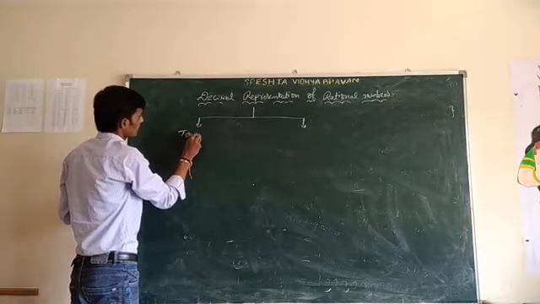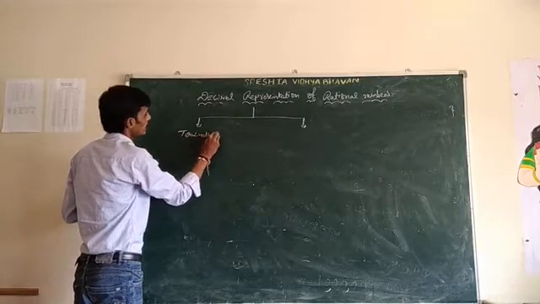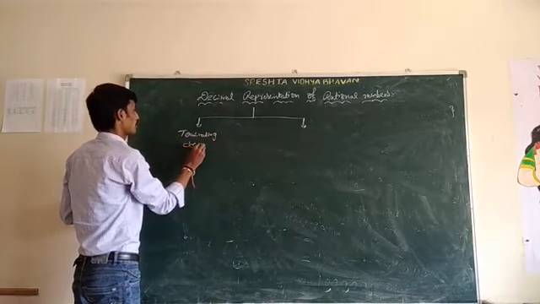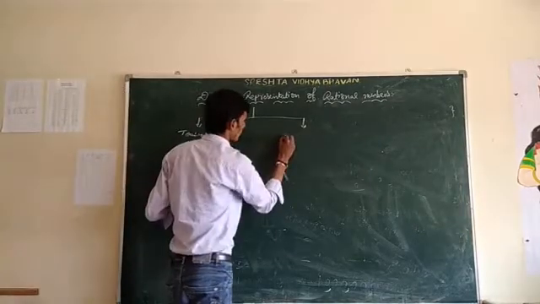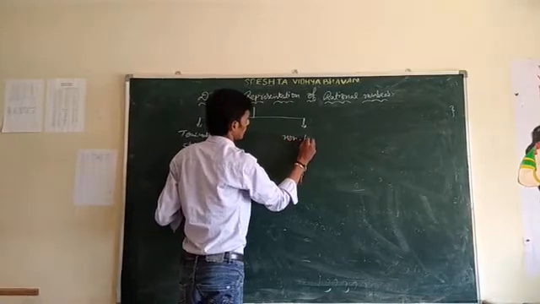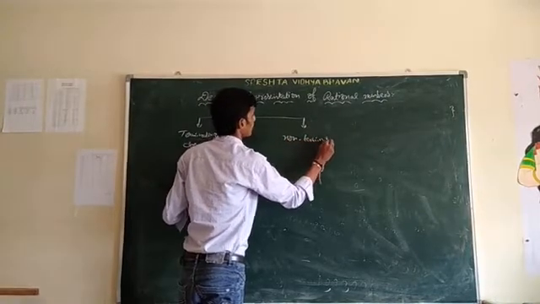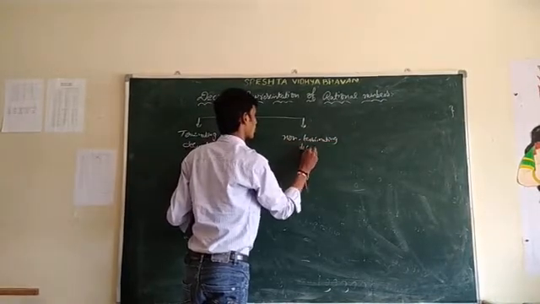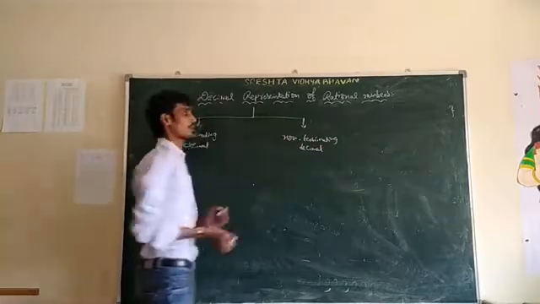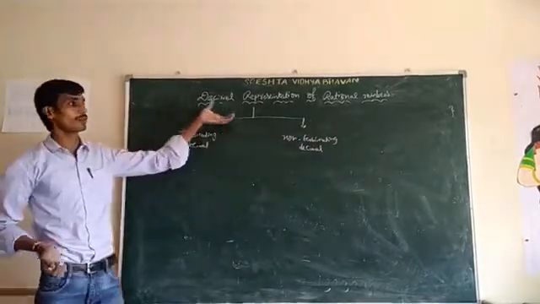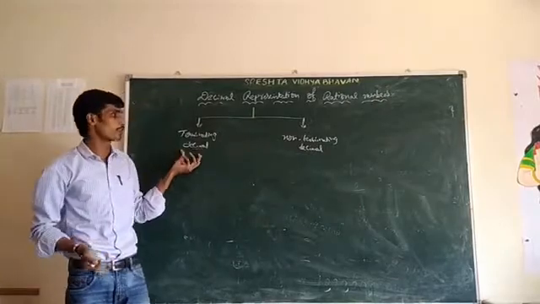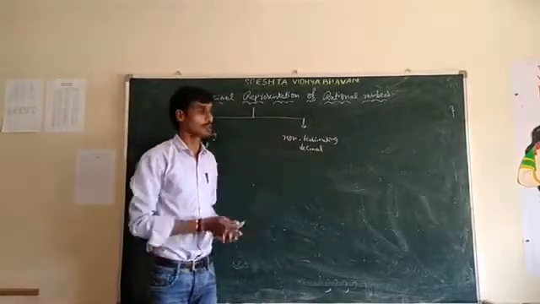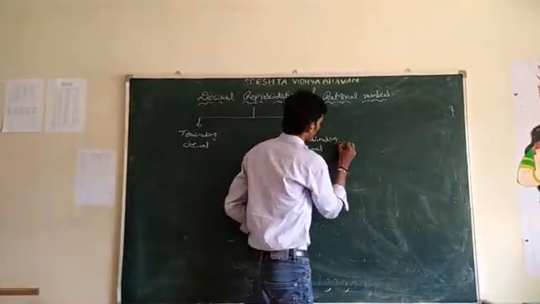Terminating decimal. What is the second one? Non-terminating decimal. So the types are terminating decimal and non-terminating repeating decimal.